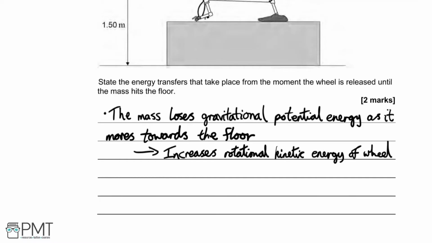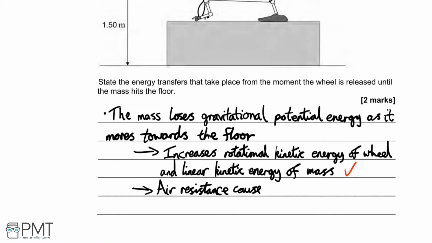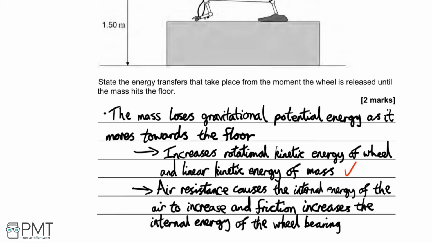So the mass is gaining linear kinetic energy. So your first mark is going to be for mentioning those 2 forms of kinetic energy. And then your second mark is going to be for mentioning the internal energy increases due to air resistance and friction.